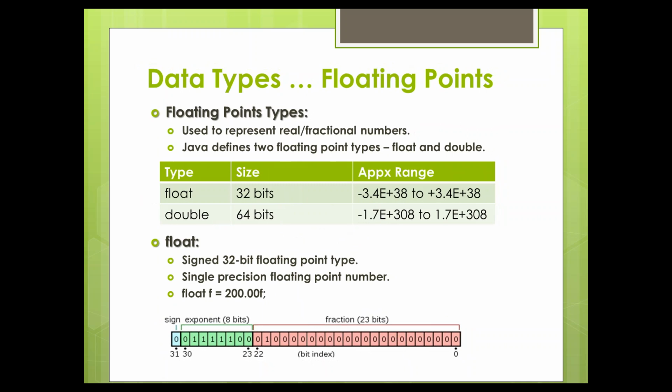Let's move on to the floating point types. Did you all understand what exactly is the size of each data type? We have seen byte is 8 bits, short takes double of that, which is 16, int takes double of short, which is 32, and long takes double of int, which is 64.